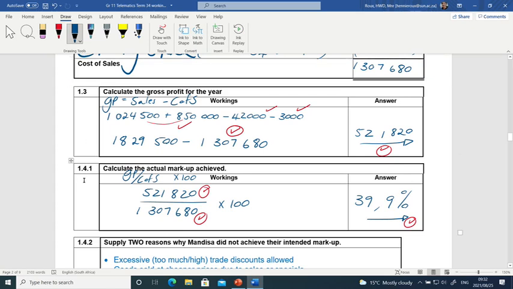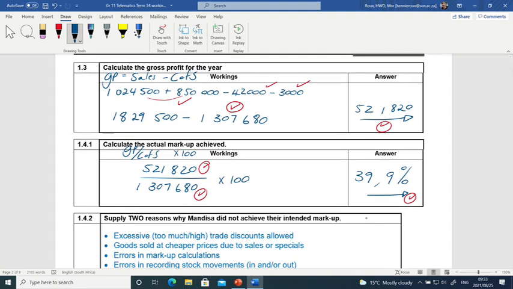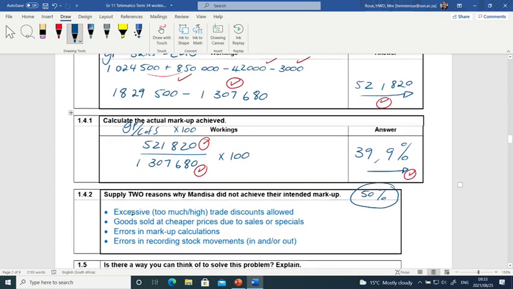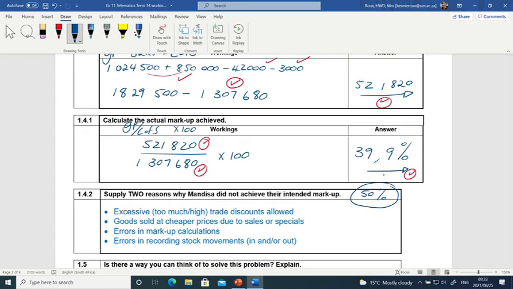The next question they ask us, we have to supply 2 reasons why Mandisa did not achieve their intended markup. You remember when we read the information at the beginning, it said that the intended markup percentage is 50%. That means they mark everything at cost price plus 50%. But now at the end, when we calculate the markup that we did achieve, we see it's not 50%. Why not? Obviously, we gave trade discounts. It can be that the goods were sold at cheaper prices due to sales or specials.